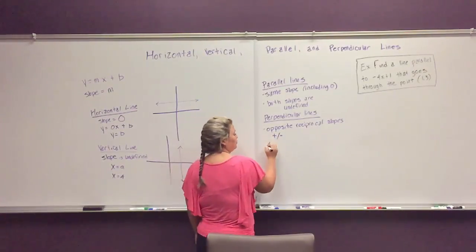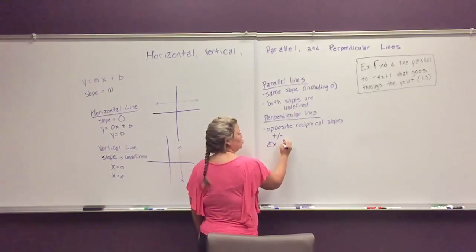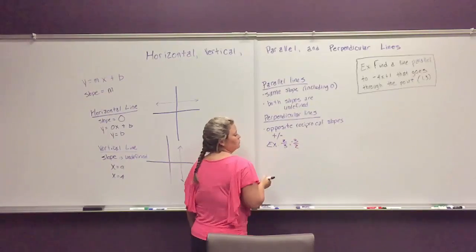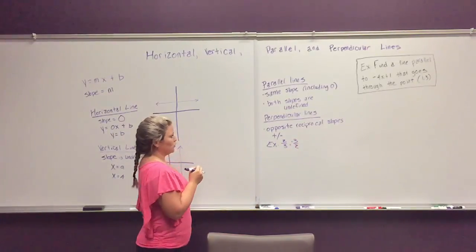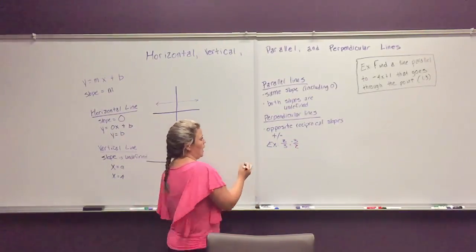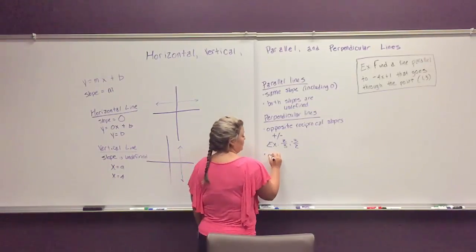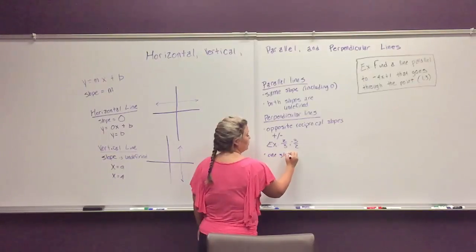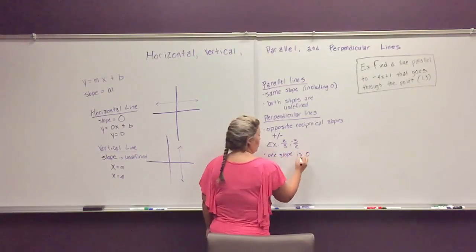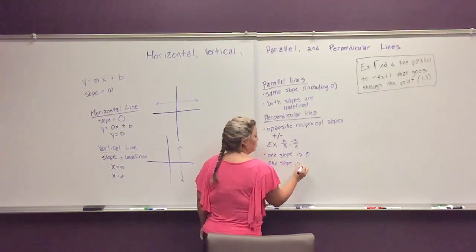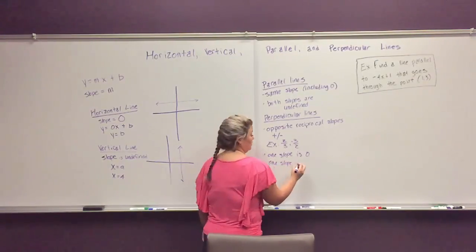For example, maybe one slope is 2/3, then the other slope would be negative 3/2. Those are opposite reciprocal slopes. So then, another way to have perpendicular lines would be if one slope is 0 and one slope is undefined.